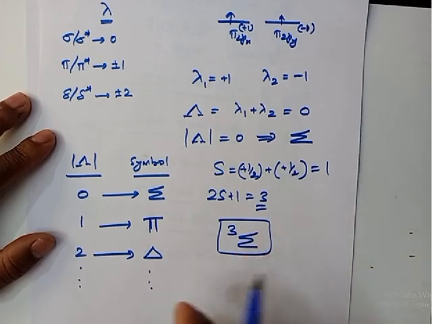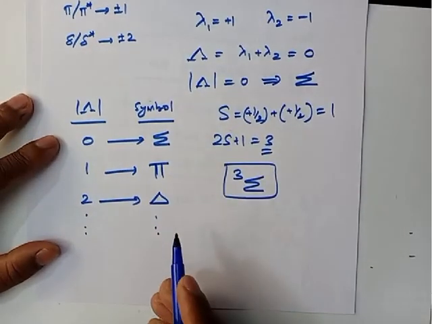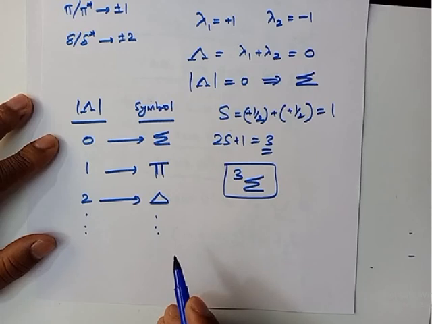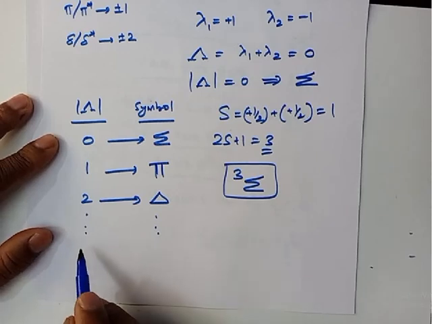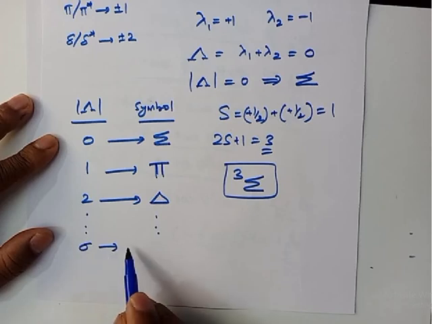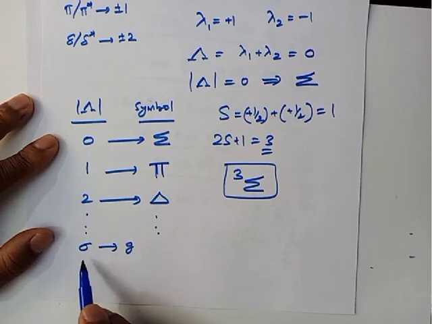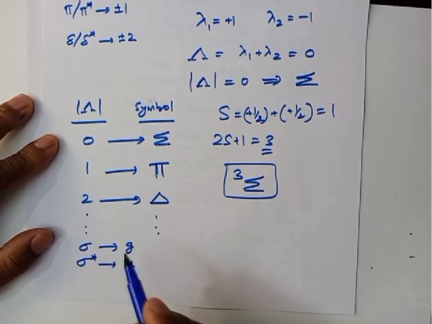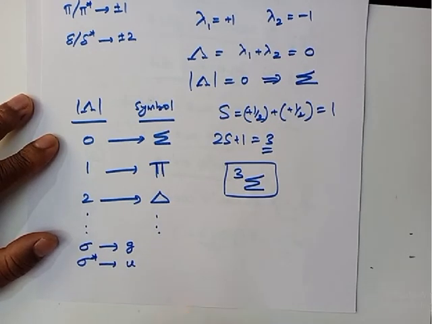For that purpose I am going to find gerade and ungerade. Students, observe this carefully. For a sigma bonding molecular orbital, the symmetry is gerade. For sigma star, the symmetry is ungerade. That is symmetry with respect to the center of inversion. For a pi bonding molecular orbital, it is ungerade. For a pi star antibonding molecular orbital, it is gerade.